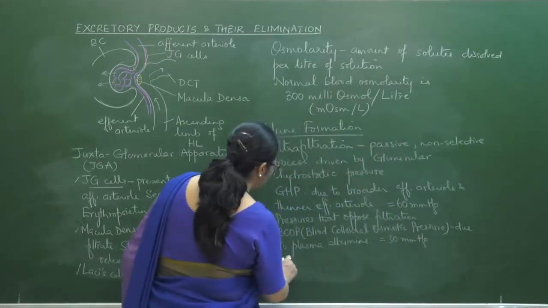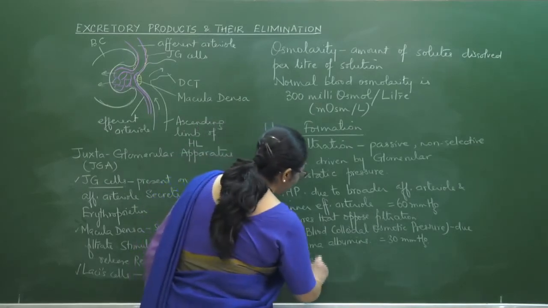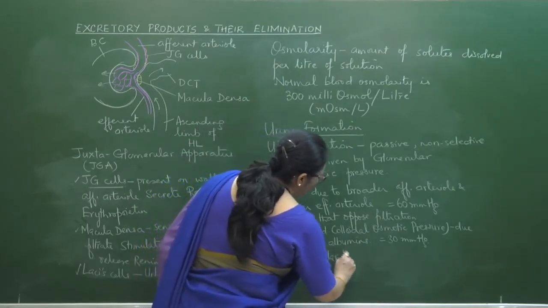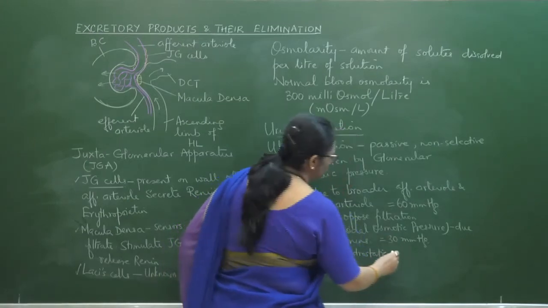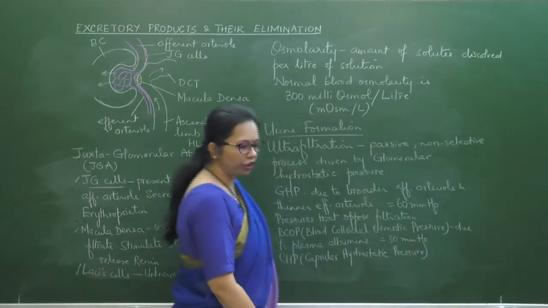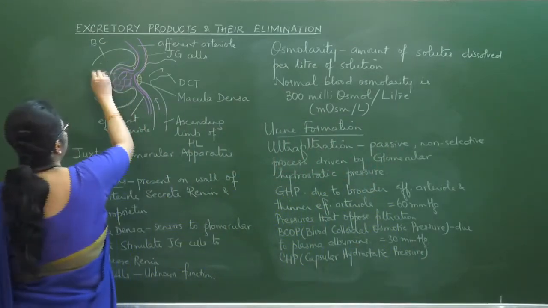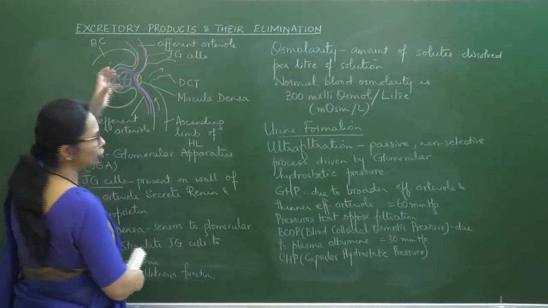Then there is another one, that is CHP, capsular hydrostatic pressure. Now this pressure develops because you see this cavity here between the outer and inner wall of the Bowman's capsule, here also some fluid will be there.